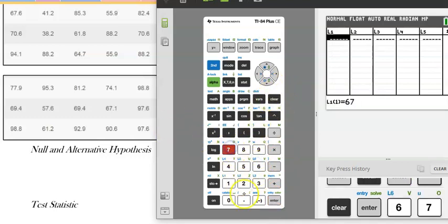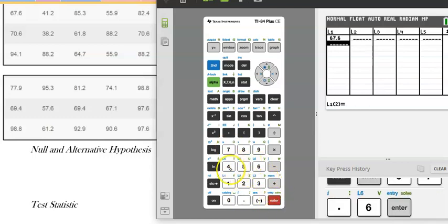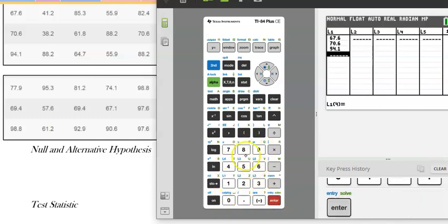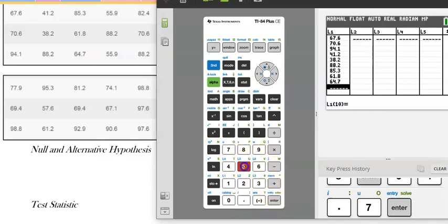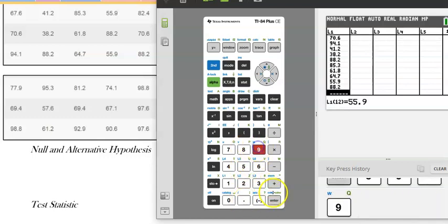So we're going to input 67.6, 70.6, 94.1, 41.2, 38.2, 88.2, 85.3, and 61.8, 64.7, 55.9, 88.2, 55.9, 82.4, 70.6. On your test, I wouldn't give you something that long. I'll pick something smaller.